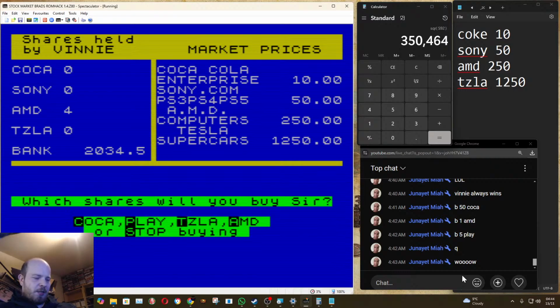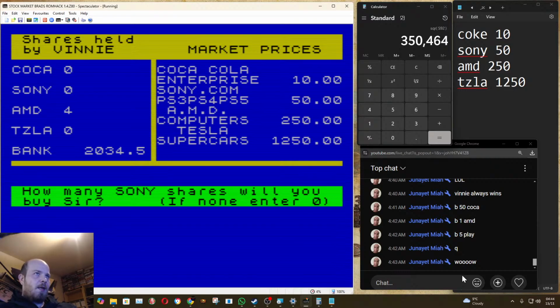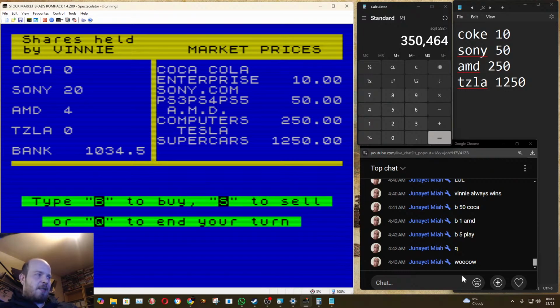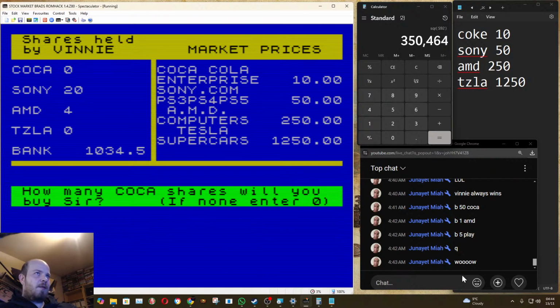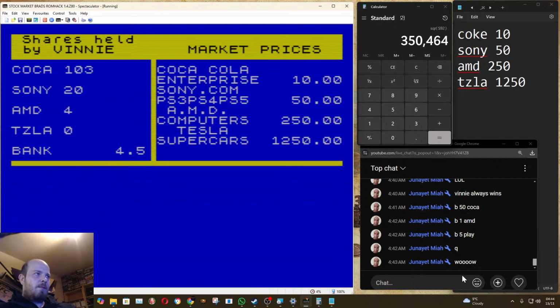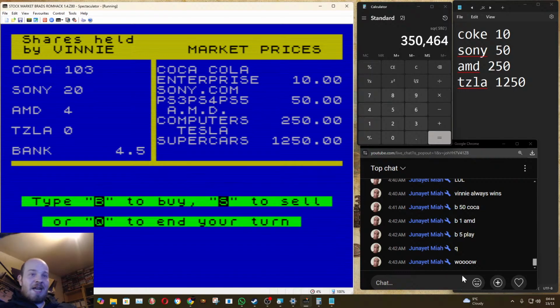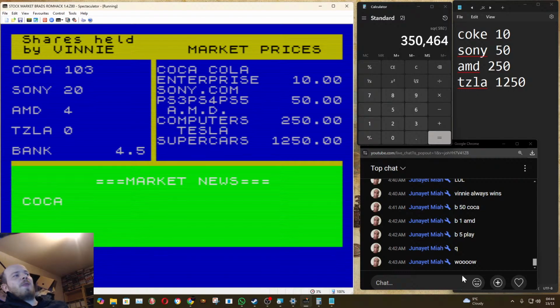He's going to then buy Sony, and he's going to get 20 of those for 1,000. And then he's going to buy Coca-Cola, and he's going to get 103. Yeah. That's the standard strategy, to divide everything in thirds, right? He could get Tesla, but it's too expensive to get 2 of them, right?